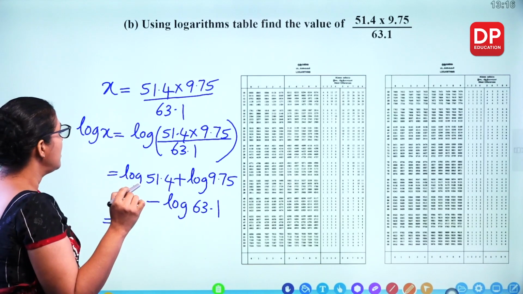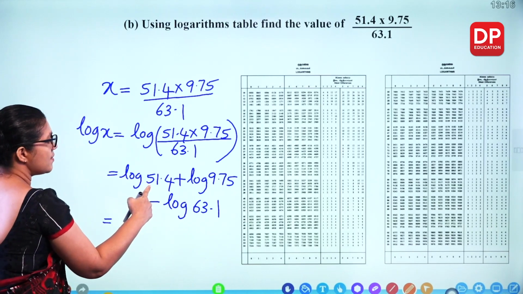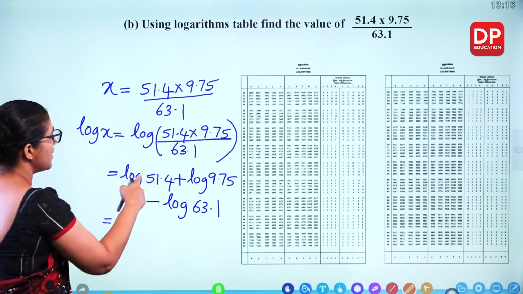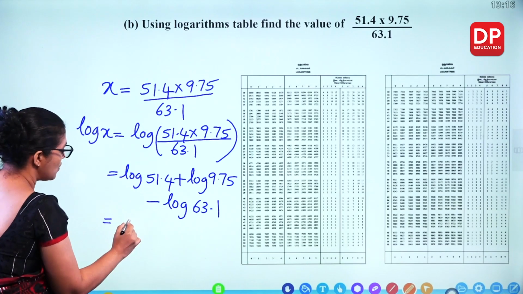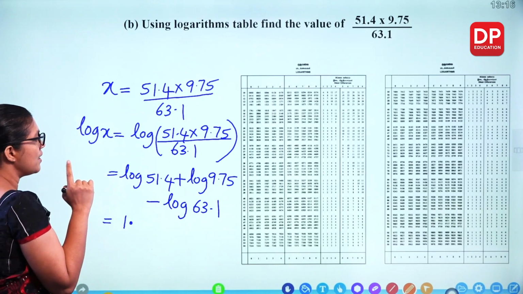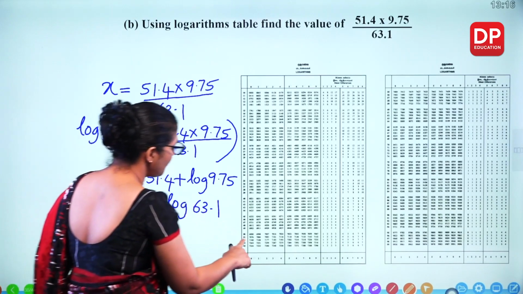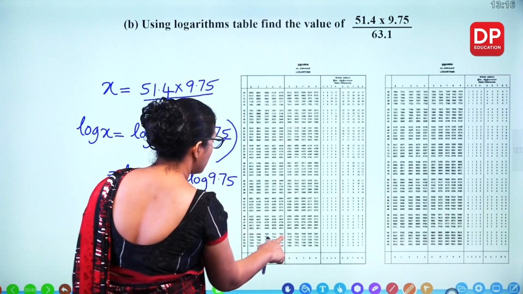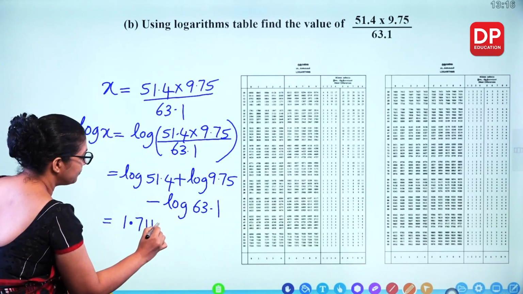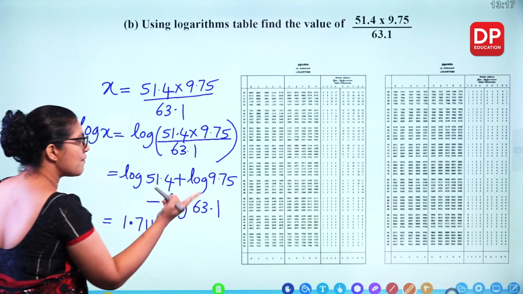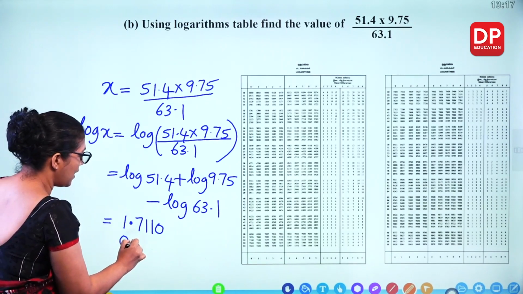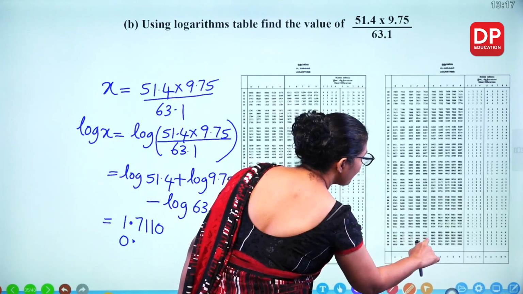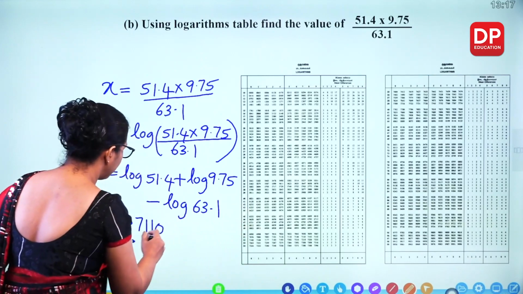Now you can use the table. So this is in standard form. This is 1 away from that standard point here. So that means log value is 1 point something. 51.4, 51.4, 71.10. 9.75, 0 point, value 97.5, 98.90.